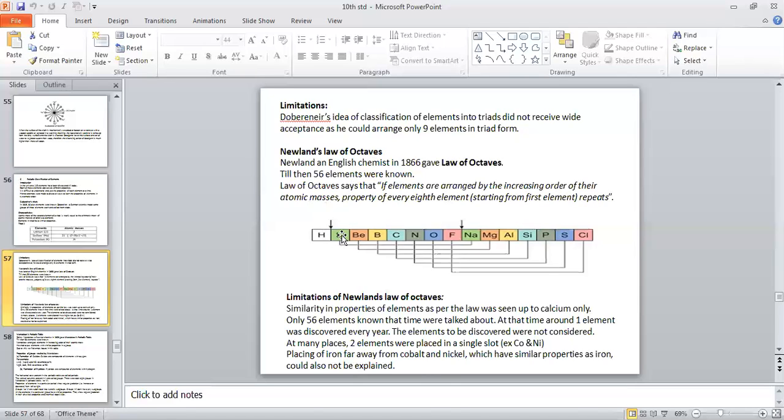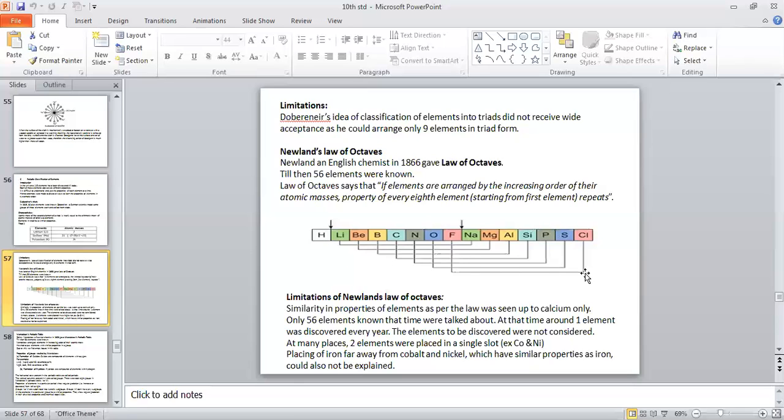So this is the first element, second, third, fourth, fifth, sixth, seventh, and the eighth one. So lithium is the first, fluorine is seventh, and sodium is eighth. So lithium and sodium are the first and eighth elements. Then beryllium and magnesium: beryllium is the first, magnesium is eighth; boron is first, and aluminum is eighth.